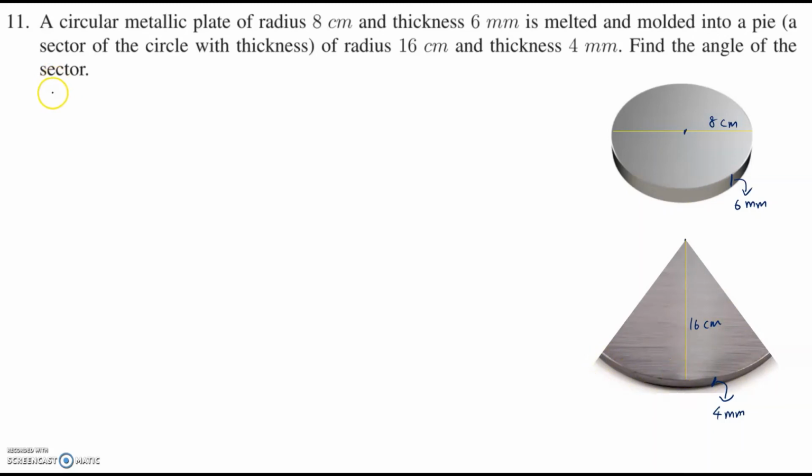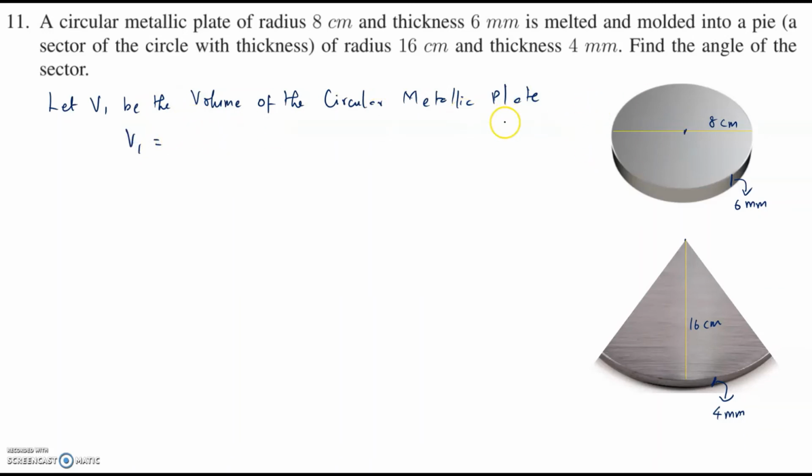Let's define V1 to be the volume of the circular metallic plate. V1 is equal to the area of the circle times the thickness, which is pi r squared times the thickness.